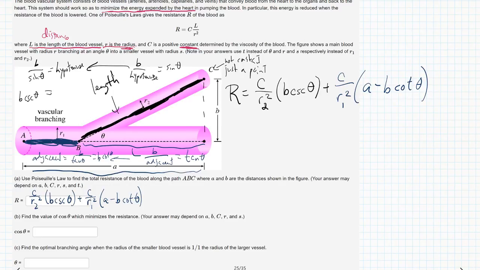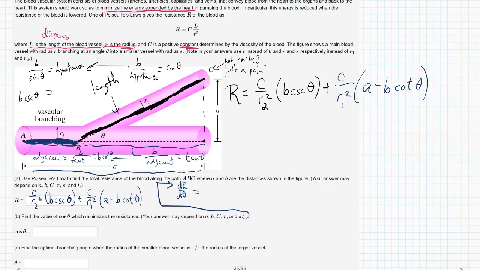So now it says find the value of cosine theta which minimizes the resistance. Holy mackerel, how do we do that, right? So the way we're going to solve for this part, I'll start that up here. We're going to need to take the derivative of R with respect to theta. Okay. So notice the C and the R2s and all that stuff, they're all remaining the same.